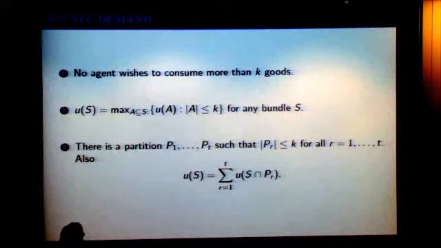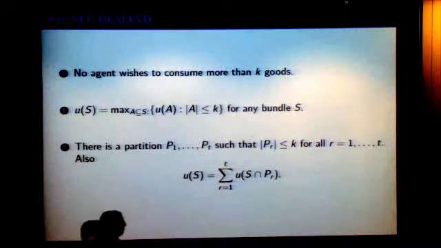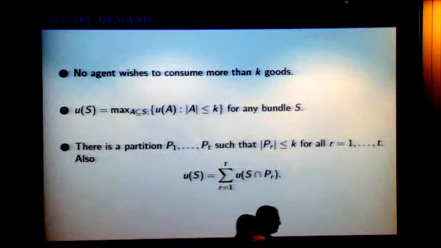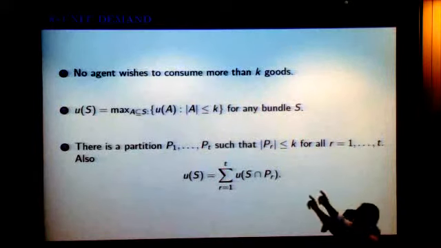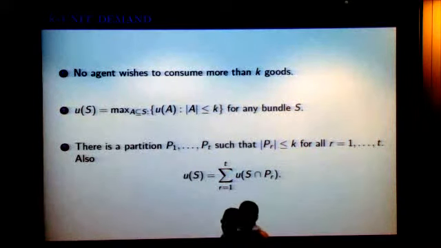Now, you may not like assumption number 1 because it introduces some kind of non-monotonicity. Because it says, once the bundle goes beyond size k plus 1, your value for it goes to 0. If you don't like that, there's assumption number 2, that your utility for a bundle is the maximum utility you obtain for any subset of that bundle of size at most k.